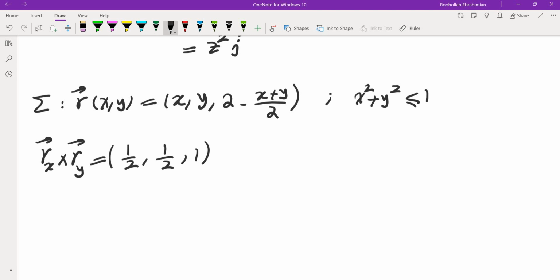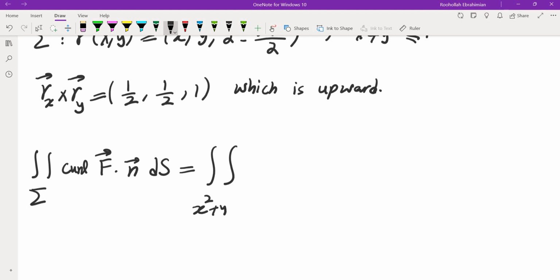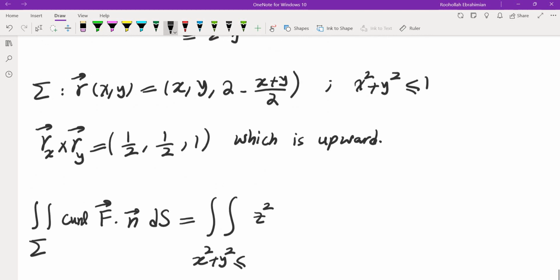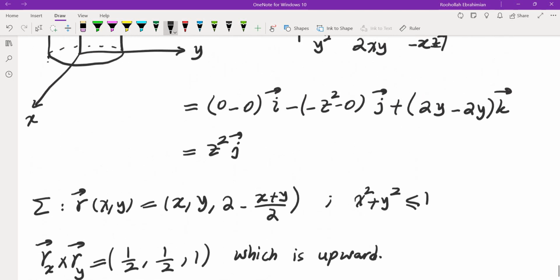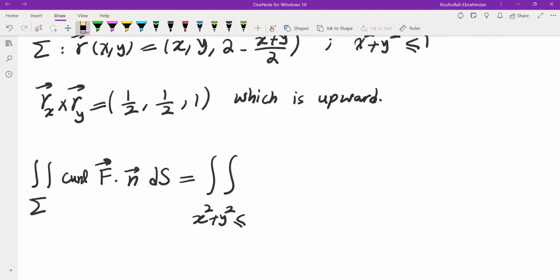Now we have to check the orientation. This is upward. So we can just take that and plug it into the formula. So curl of f dot n dS is going to be, okay, over the disk x squared plus y squared less than or equal to 1, and curl is z squared j, but because we are doing everything in terms of x and y, we'll have to replace z.